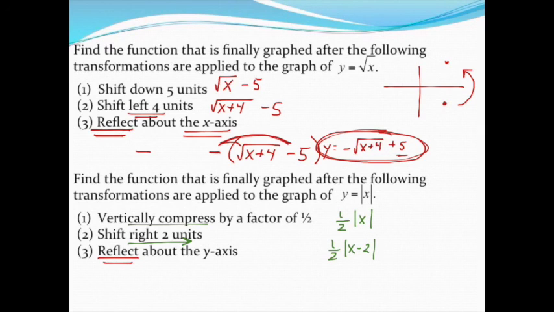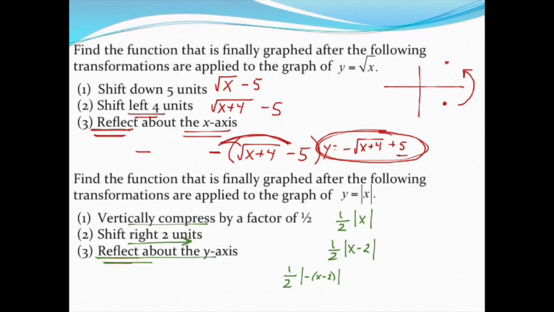And then finally, I want to reflect over the y-axis. Well, to reflect over the y-axis, I need to make the x, or everything inside the bars, opposite. So my final step may look something like this. And once again, since there's more than one thing inside the bars, I can't just say negative x. I've got to say the opposite, or negative, of x minus 2.